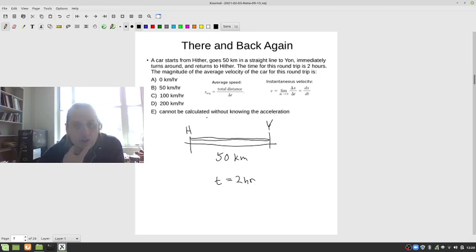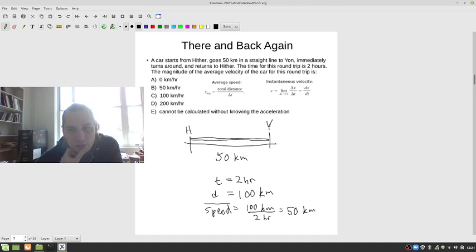The total distance for that is going to be 50 kilometers there, plus 50 kilometers back would be 100 kilometers. So the speed that he's going, the average speed is going to be 100 kilometers over 2 hours equals 50 kilometers per hour.